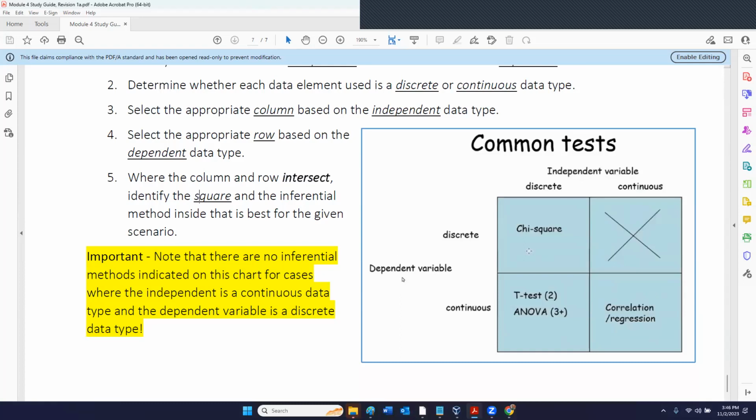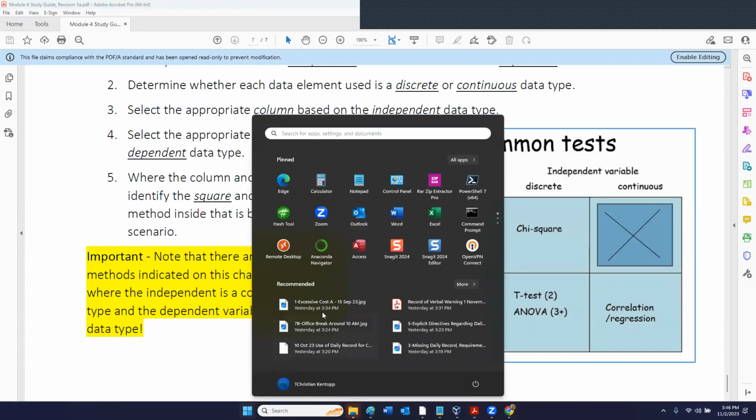If there is an independent variable that's continuous, and a dependent variable that's discrete, that's the one case where there isn't an inferential statistical method defined. Okay? But let's change it. Let's change the example real quick and easy.